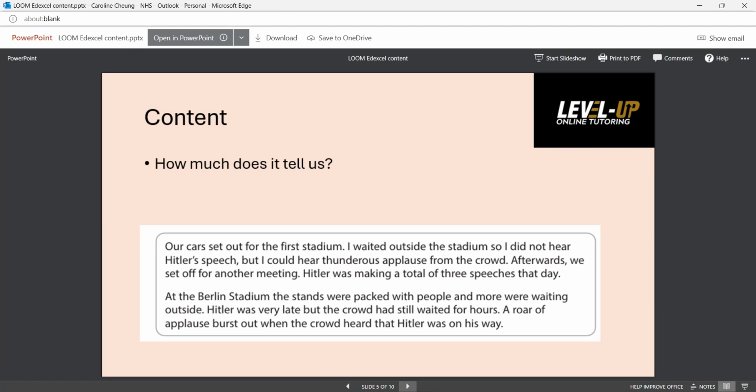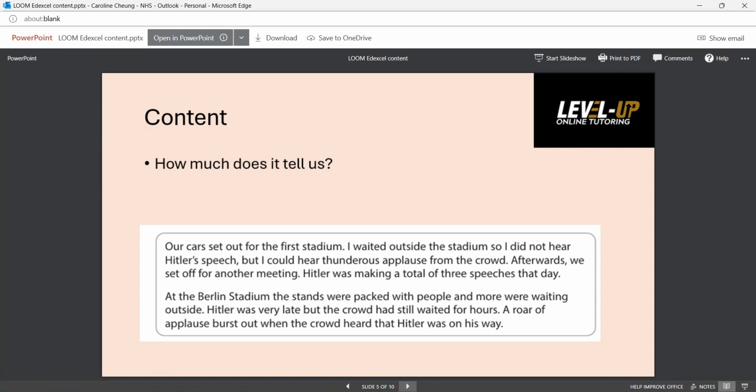So if you imagine you knew nothing at all about Hitler's speeches, what could you get from this? Obviously I can get from this that his speeches are very popular. The author says he could hear thunderous applause from the crowd. I can also tell that Hitler makes a lot of speeches. On this particular day, he's making 3 at different places.